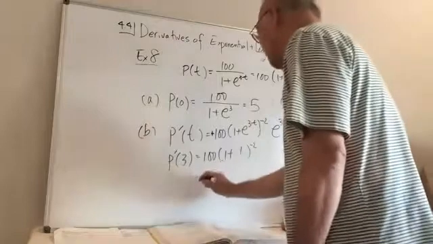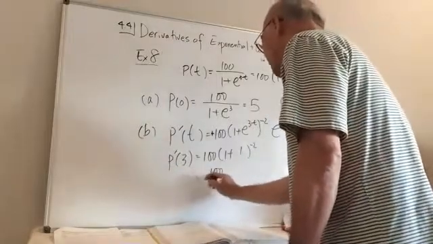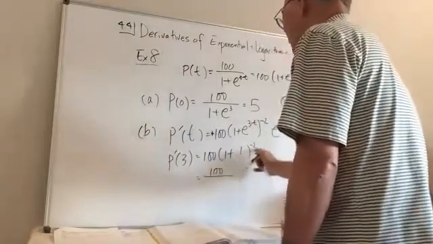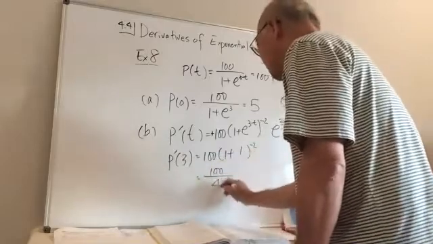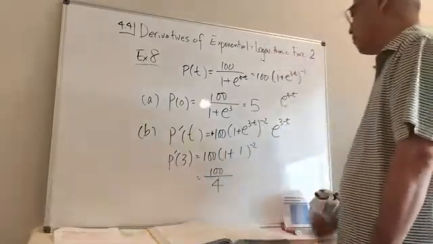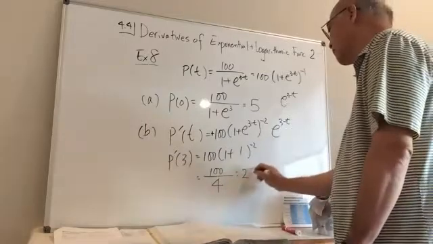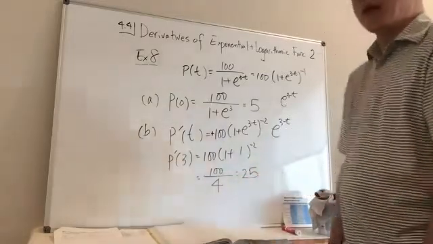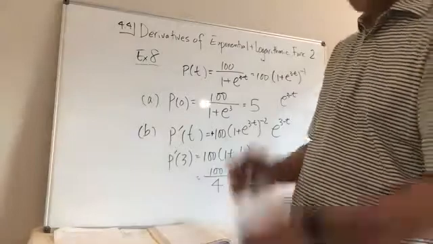So I'm going to get 100 over 2 squared, which is 4 on the bottom. So your answer is 25. 100 divided by 4 is 25.